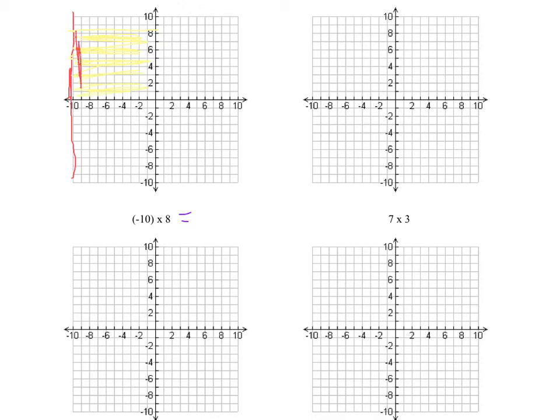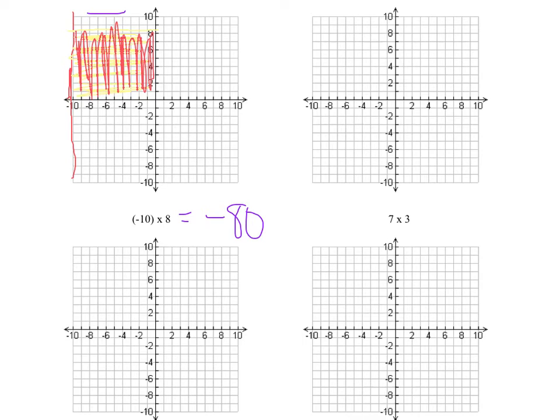And our negative 10. And now our solution, as you can see, we have the red and yellow together, so it will be negative. And we have a total of 80 squares colored in because it's a 10 by 8 grid.